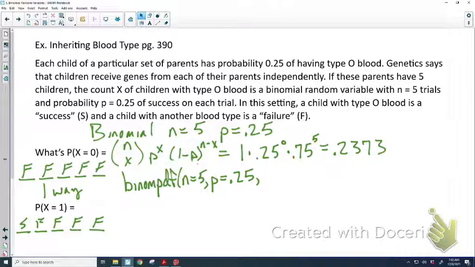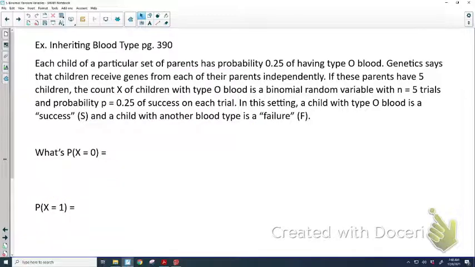And you can actually leave the x blank, and it'll give you the entire distribution of, in this scenario, 5 kids and type O blood. So it'll give you the probability of 0, 1, 2, 3, 4, 5 kids. It'll give it to you in a big set notation, I think. But let's get x equals 0 and see if it matches what we just got.